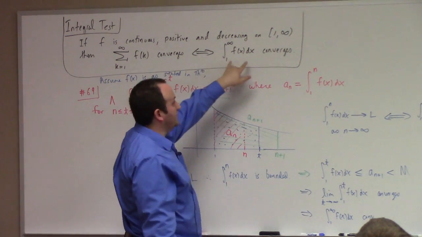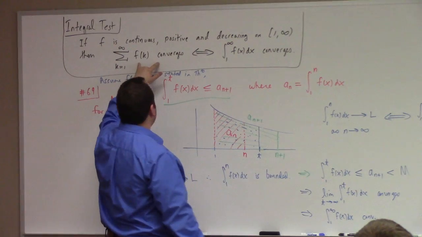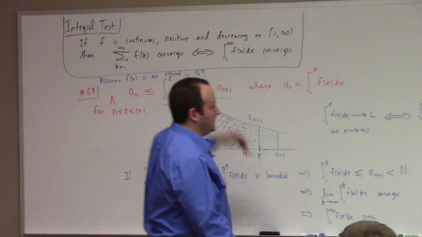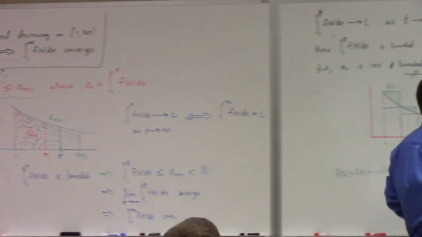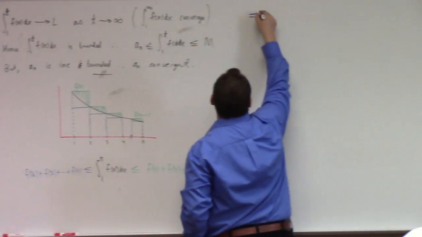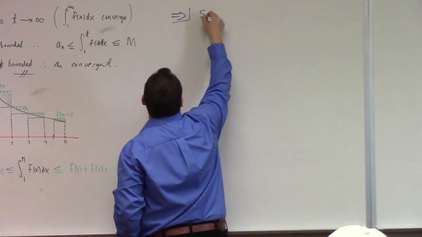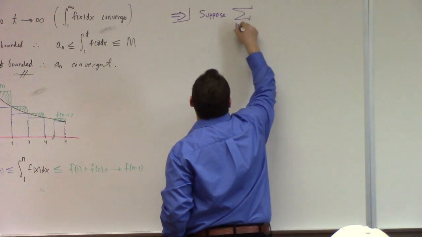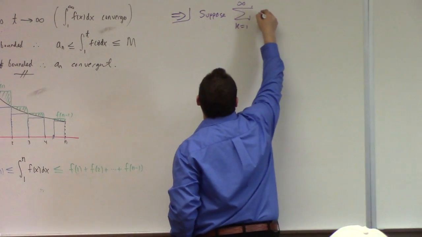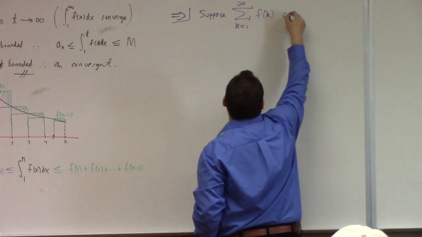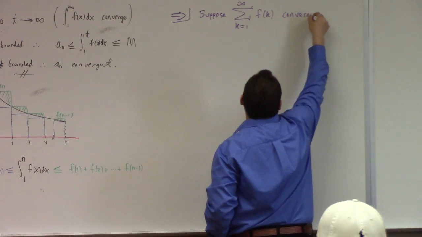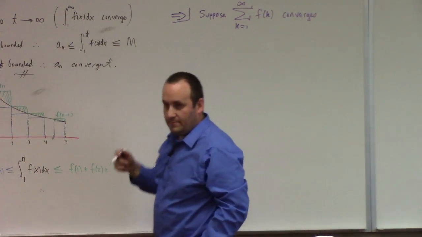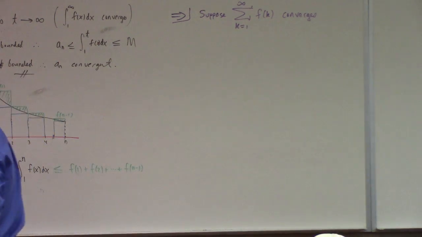What do you guys want to start with? Let's assume the series converges to start with. So suppose the series, k equals 1 to infinity of f of k, converges. Then what does that mean?